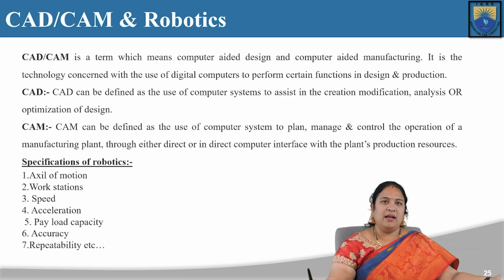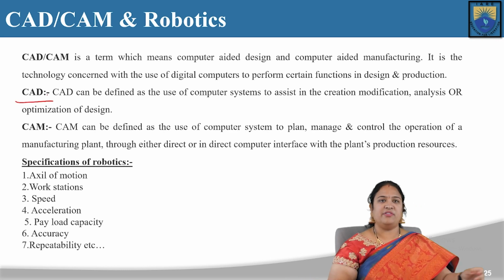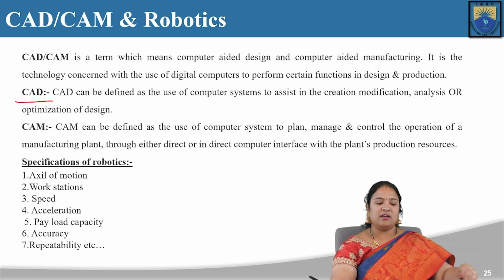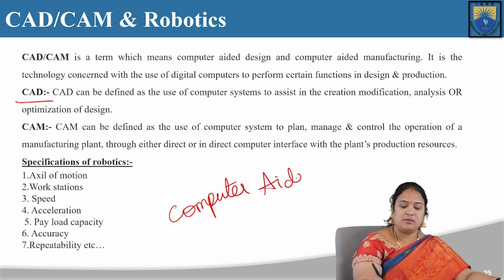Coming to the next part, that is CAD, CAM, and robotics. What do we mean by CAD, CAM, and robotics? CAD, first, what do we mean by the word CAD? It is nothing but computer aided design.